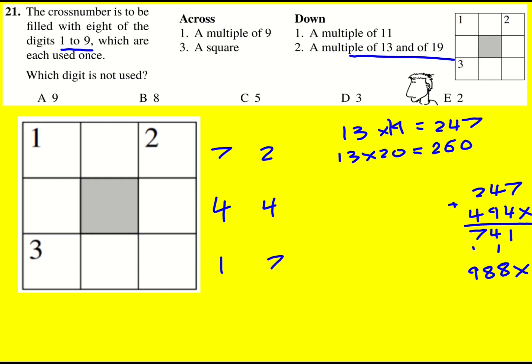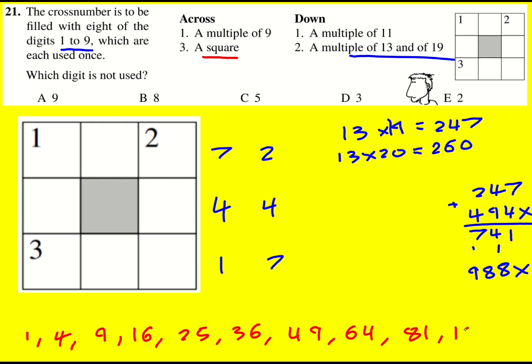The next clue to look at, which is going to actually decide which one this is, is the fact that 3 across is a square. Now actually no square number ends in a 7, because if you look at your squares, you have 1, and then 2 squared is 4, 9, 16, 25. Let's just write them down. 100.